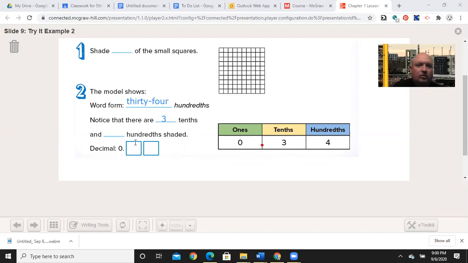How many hundredths? You said 4, you are correct. And then let's get our decimal. And we look here and there's 0.34. So these numbers were transcribed right over here. So that might tell you that the first number to the right of the decimal is the tenths, the second number, the hundredths.